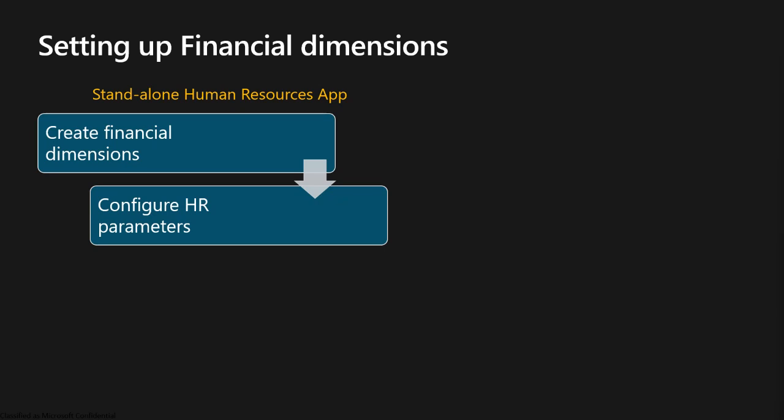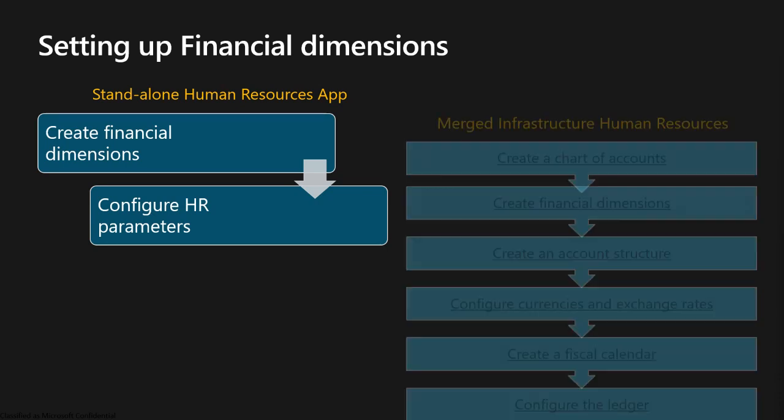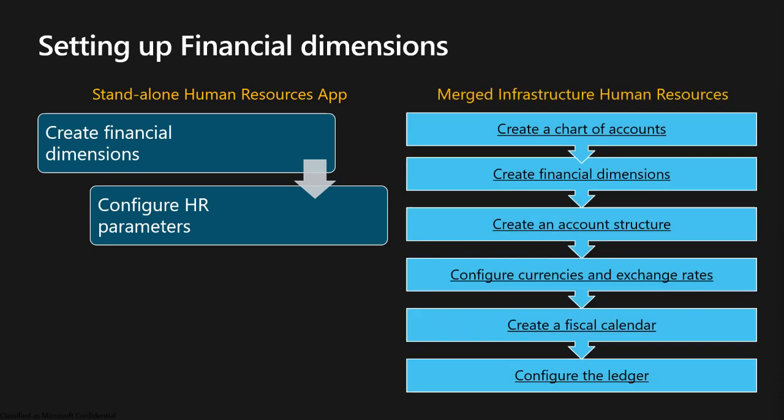So it was two basic steps, not a whole lot of flexibility, and oftentimes that data would have been integrated into another solution. Now, in the merged infrastructure with human resources, the set of steps that are required are a little bit longer, as you can see, and each of these actually has a hyperlink to the docs articles or the learn articles that explain how to set each of those things up.